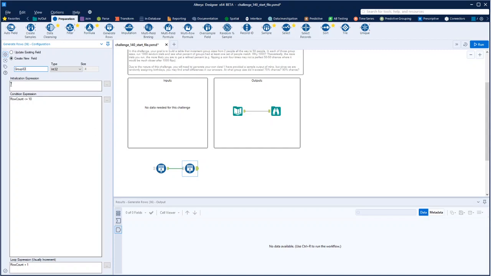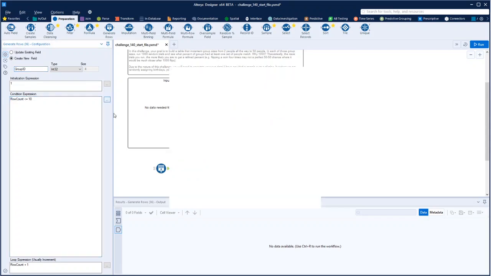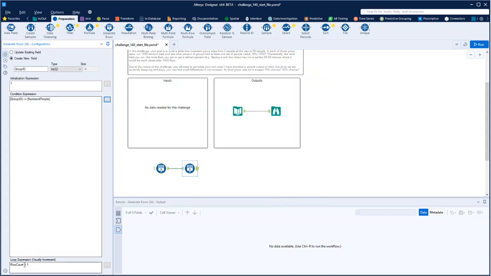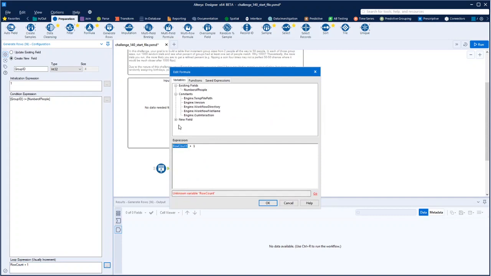It doesn't really matter, but I'm going to start with 1, and we want it to go up to the number of people. Yeah. Okay. And then it's just group ID +1. So add that in there. Okay.